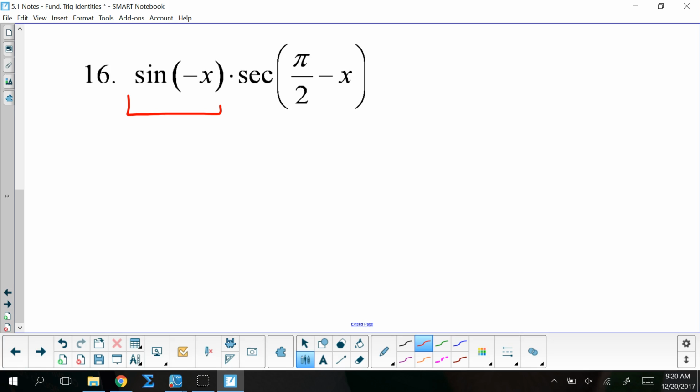Negative sine of x. I would change secant of pi over 2 minus x to what? Cosecant of x.